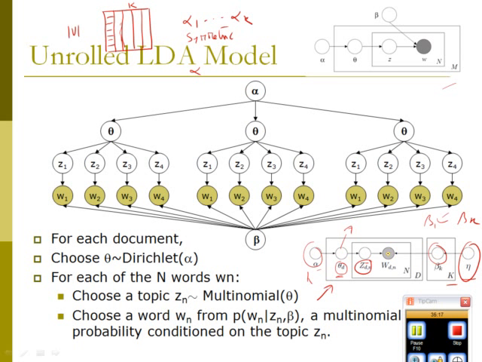So the assumption right now is we assume that alpha and eta are given. An MLE method would have tried to fit parameters, whereas a Bayesian learning method essentially doesn't fit any parameters. It just tries to compute P(z given w), which is the conditional posterior.